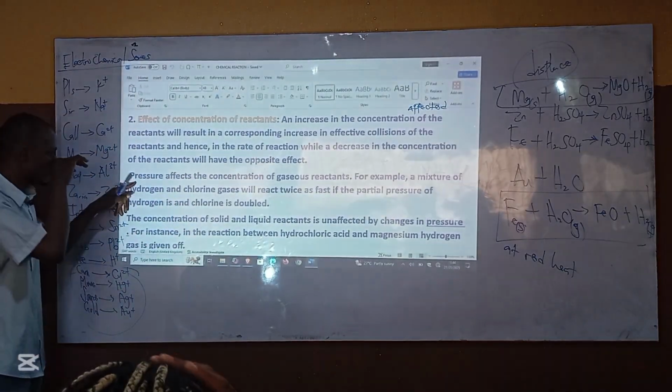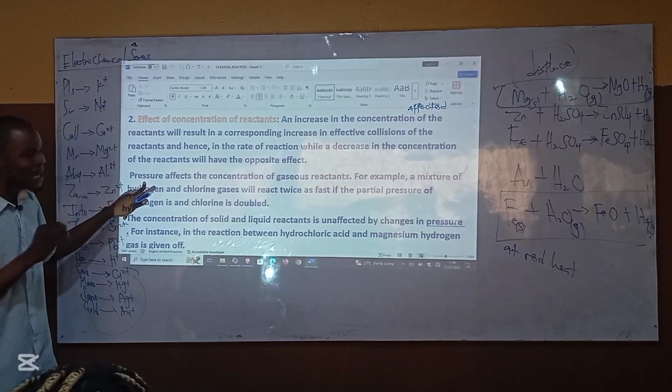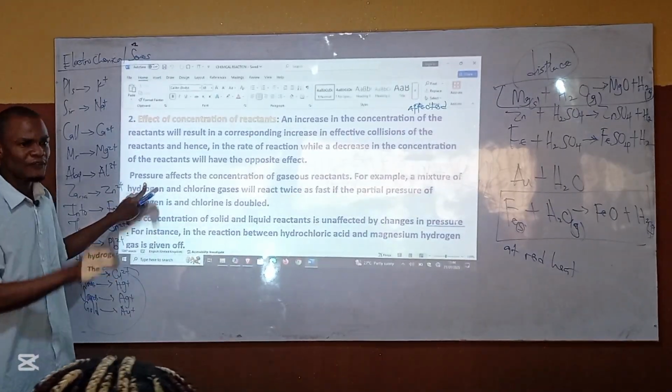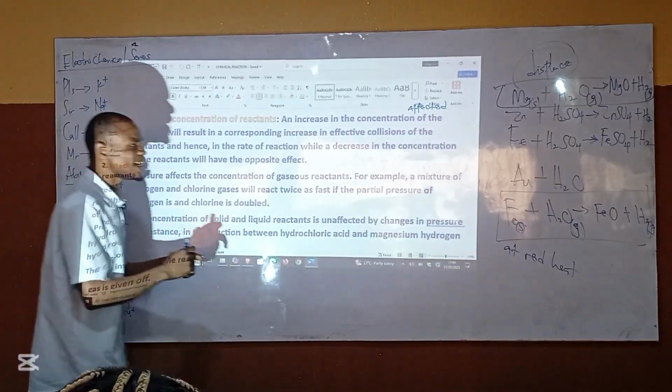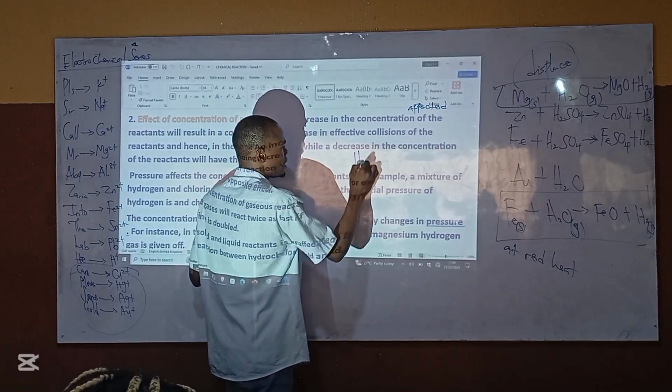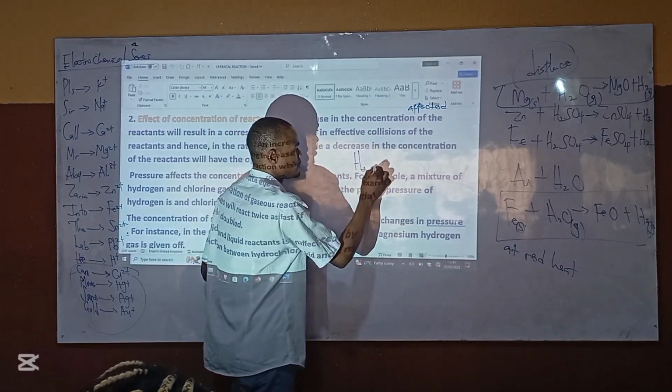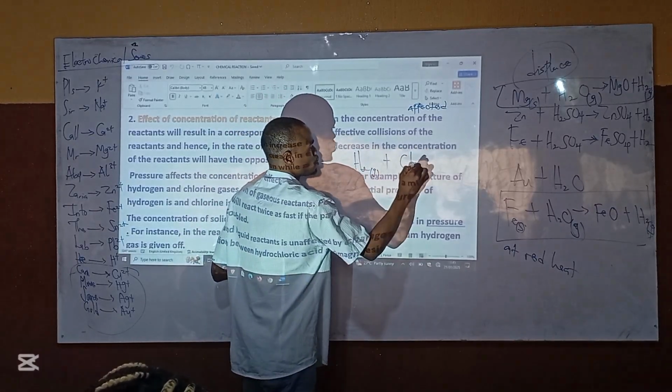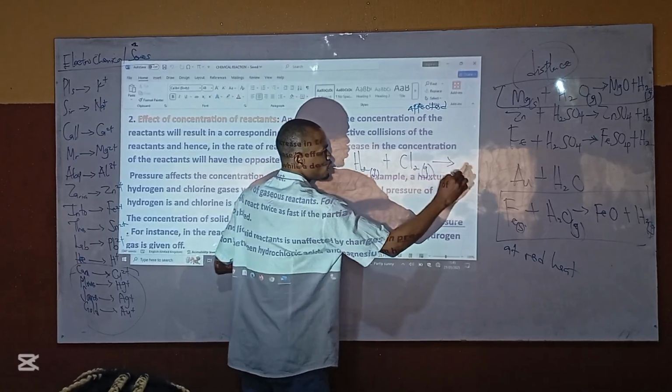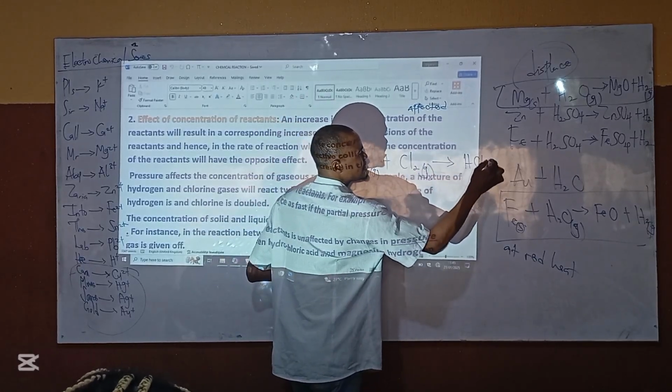Now look at it. For gas, concentration does not affect gas. What are the reactions that involve gas? Hydrogen gas plus chlorine gas to give hydrogen chloride gas.